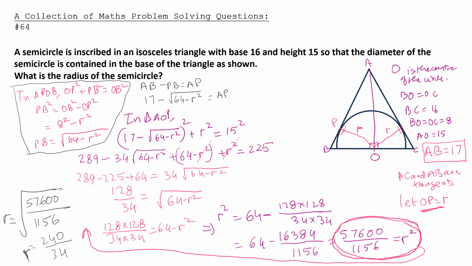Now if I simplify it, I should get 2 times 120, and 2 times 17. So I get r is 120 out of 17, and that's the answer. What is the radius of the semicircle? The radius equals 120 out of 17, and that is the answer.